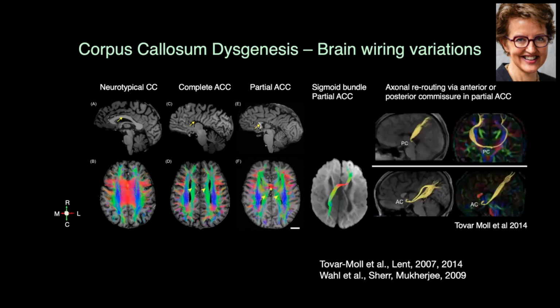And indeed, Fernanda's group, using tractography, has proposed that there is a complete rewiring that occurs in people with complete agenesis, where the fibers actually instead begin to cross through other existing commissures, such as the posterior commissure and the anterior commissure.